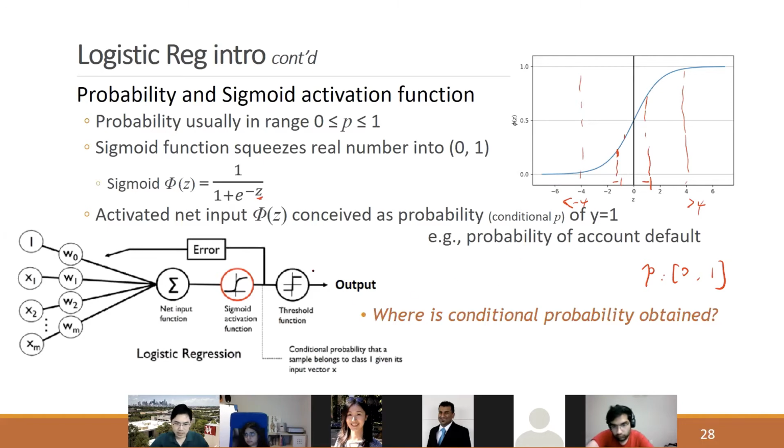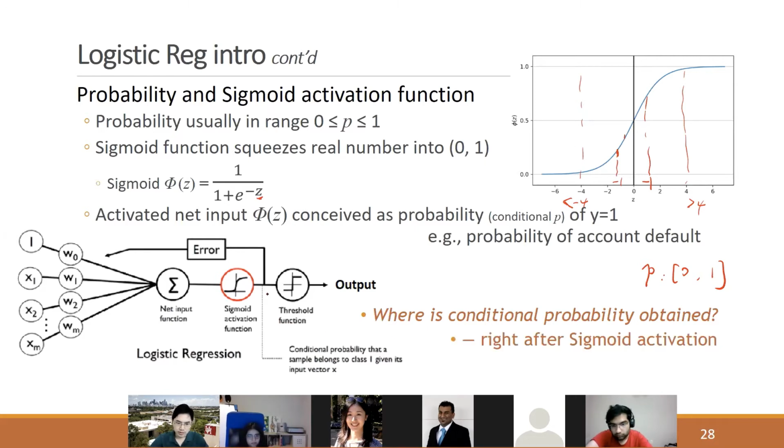So tying that back to the model, at which step is the conditional probability obtained? It should be right after the activation. So try to find where the activation is, and the result right after that and before the next step, the result is the conditional probability of the logistic regression model. Yeah, you're able to find that?